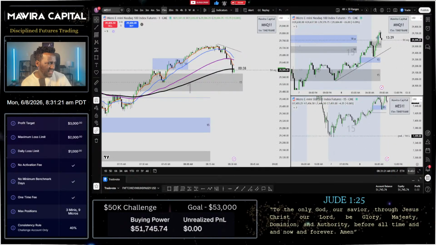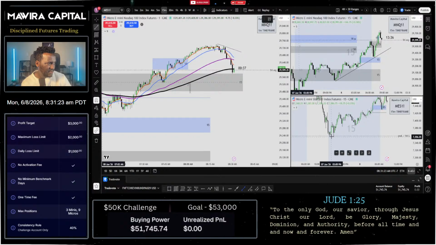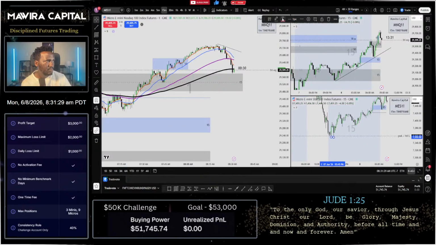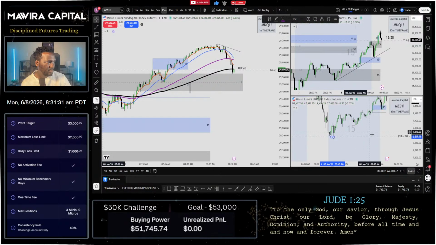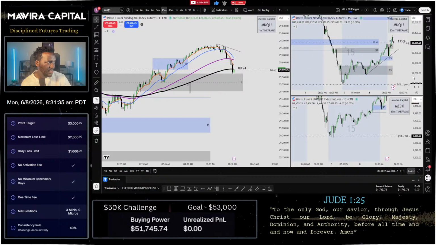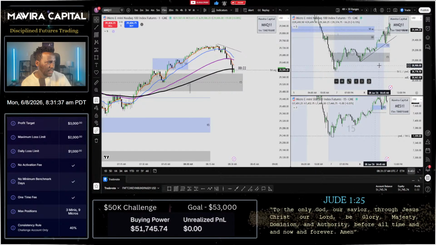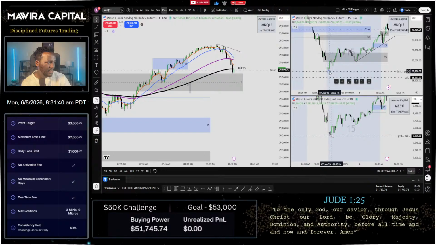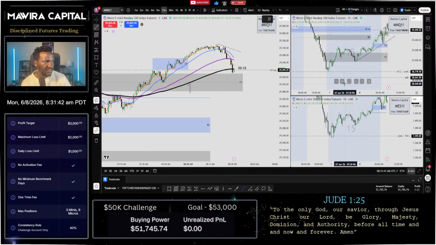Again, we also do have SMT here, divergence between these two. We have a low and a lower low. And then we also have a high, a low and a lower high. And actually very steep.